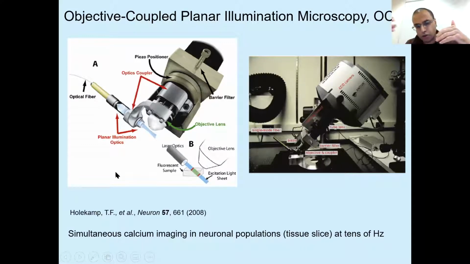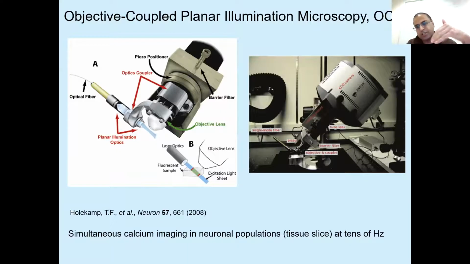Then to take a volume, you would, at high speed, jiggle the sheet and the detection objective lens together while recording on an EMCCD. Tim Holy is a neuroscientist, so he was interested in imaging calcium dynamics in tissue slices. And this was, I think, the first demonstration of using light sheet microscopy to do that. At the time, this was very fast, imaging these calcium dynamics at tens of hertz. This method has kind of been forgotten, but it was still a seminal paper at the time.